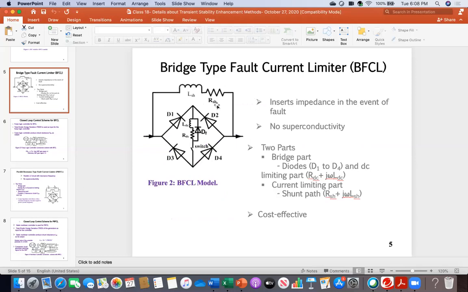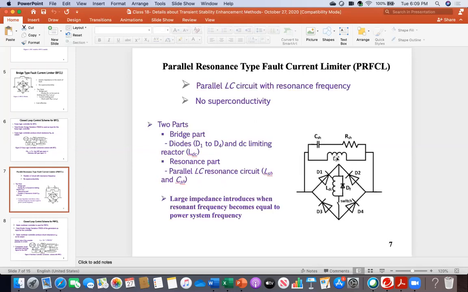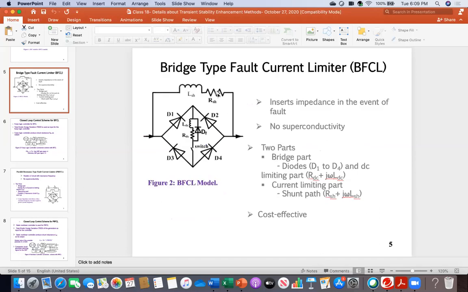In that case, it was resistance and inductance in series, and they limited the fault current. In this structure, you see, the inductance is in this path, but then in parallel there is a capacitor, and together with the capacitor there is a resistance value. This resistance is not that big. That is the difference: in that case both inductance and resistance are larger.